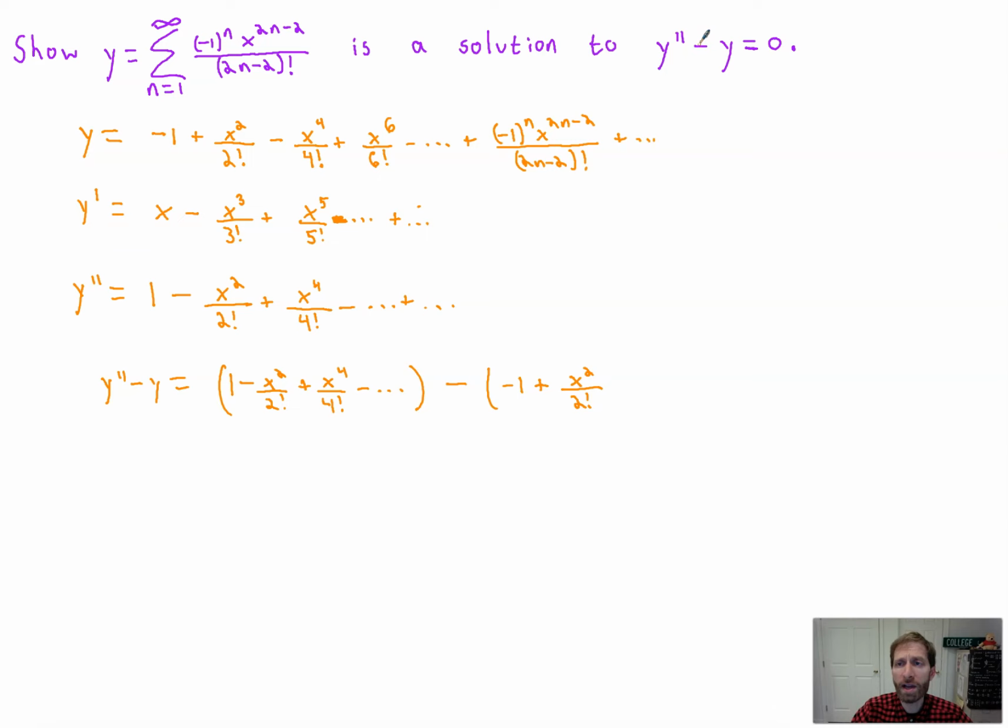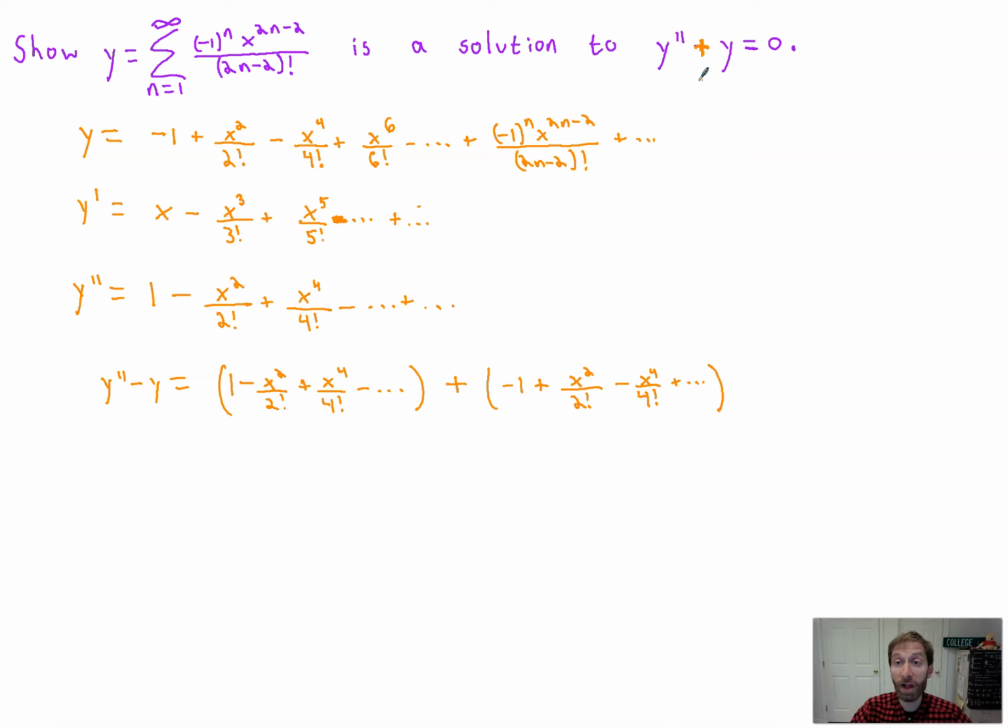And I should say, I made an error here. This should be, sorry, y double prime plus y. It's my fault. That should be y double prime plus y is equal to 0. So negative 1 plus x squared over 2 factorial. And then we've got, so I'll put a plus there. Our other y value, which is minus x to the 4th all over 4 factorial plus dot dot dot.